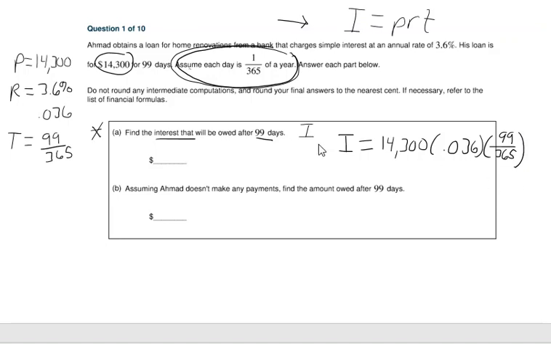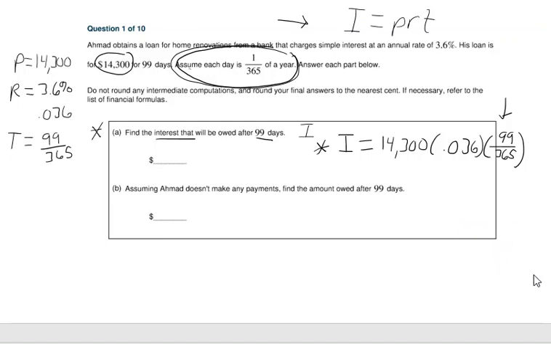If you're using a calculator that does not do fractions, you need to do the 99 divided by 365 first. You're going to change this to a decimal, and when you put that into your calculator, you will get 0.27123287.